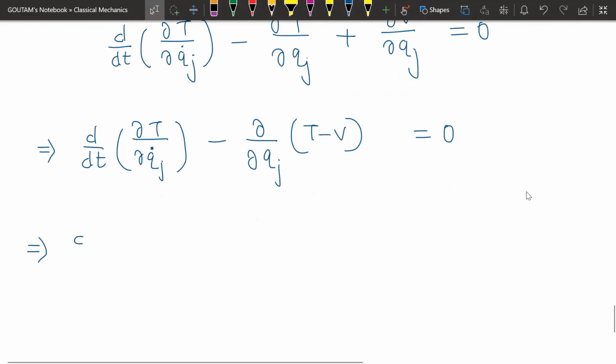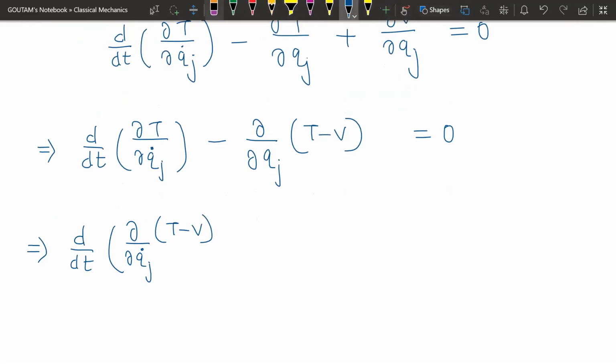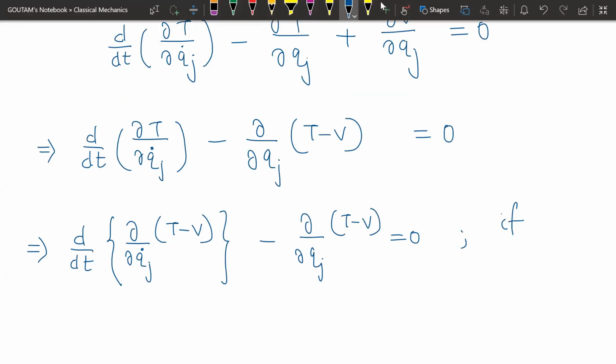Now we can also write this equation like d/dt of del del qj dot of (T minus V) minus del del qj of (T minus V) equals 0, if V has no explicit qj dot dependence.